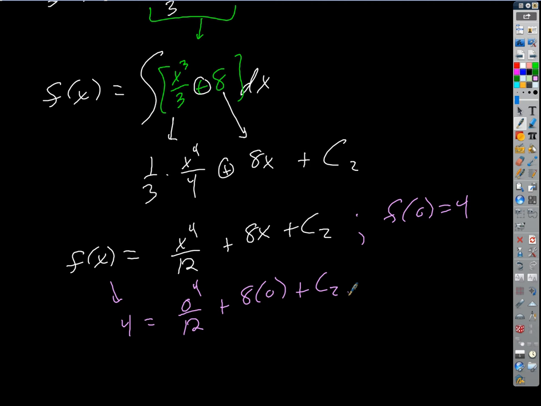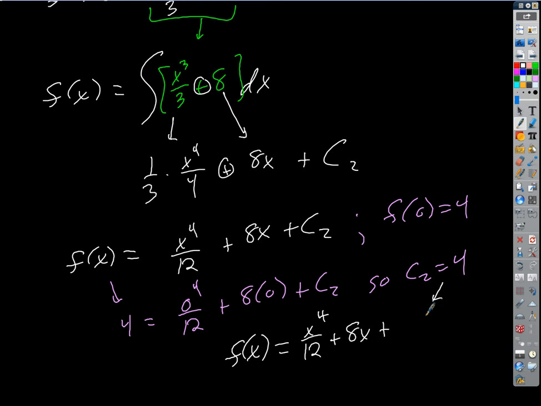And so this works out pretty well. Both of these terms vanish to 0, and what's the value of C2? 4. And our final answer then just looks like f of x equals x to the 4th over 12 plus 8x plus 4.